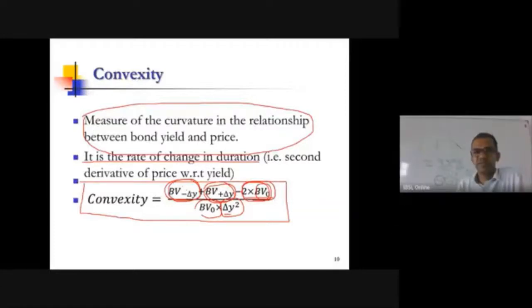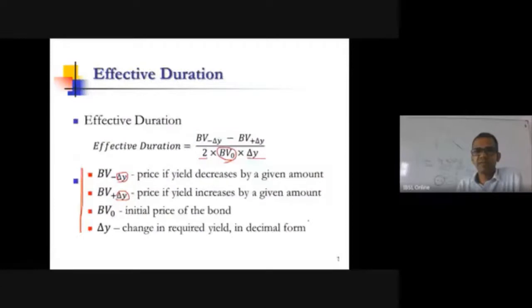So basically these two prices are the same as these two. Only a small change: put plus minus 2 times BV naught, drop these two, bring it to here, make it plus minus 2 BV naught.